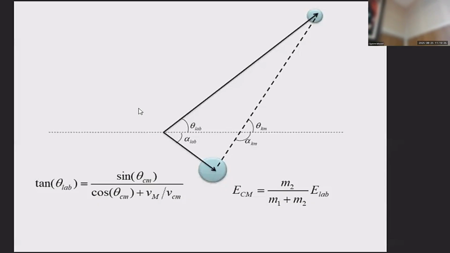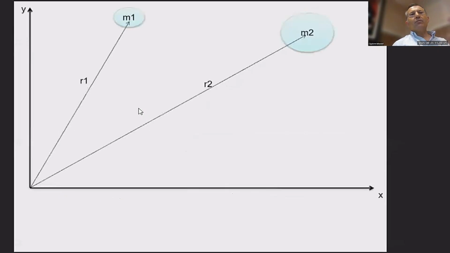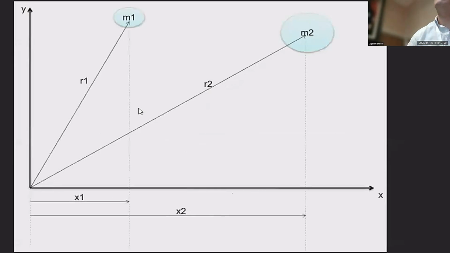Please don't forget that there is a relation between lab energy and center of mass energy, momenta, and angles. Therefore, remember this formula for the center of mass to lab system. When you solve these equations in quantum physics, for example, now you have this reference system.